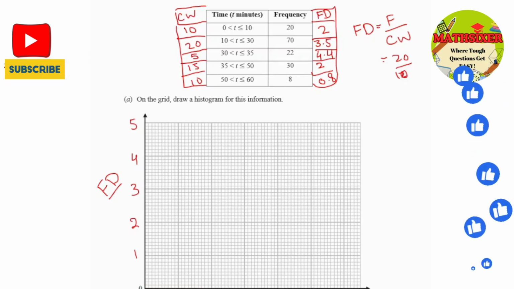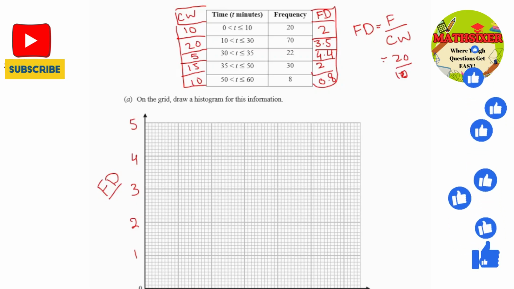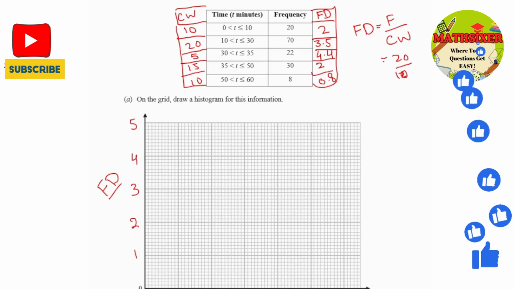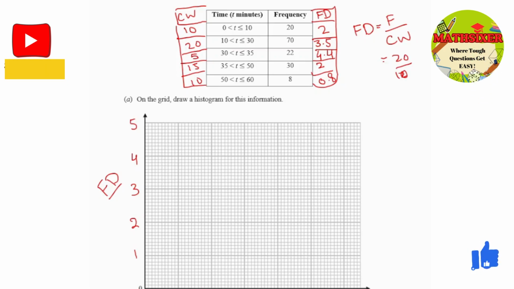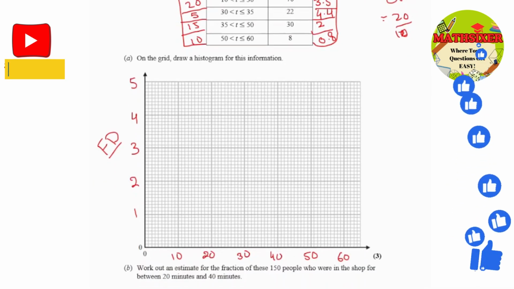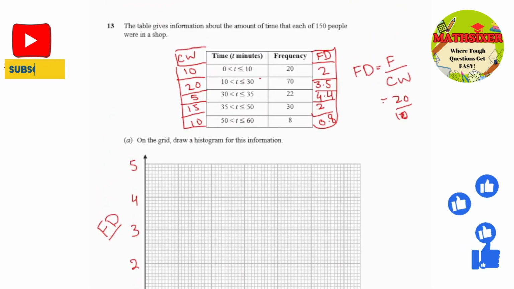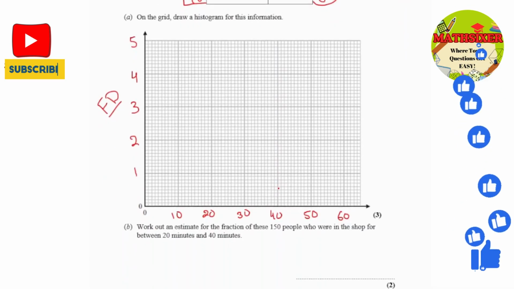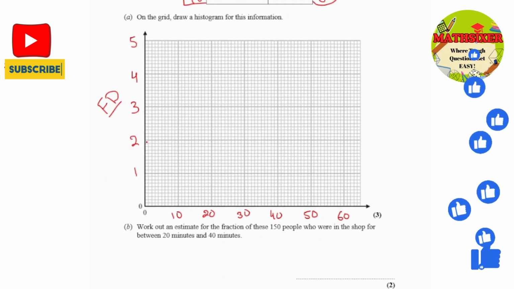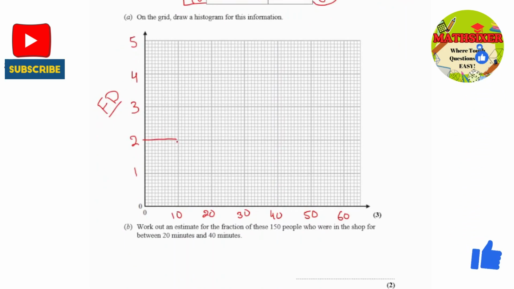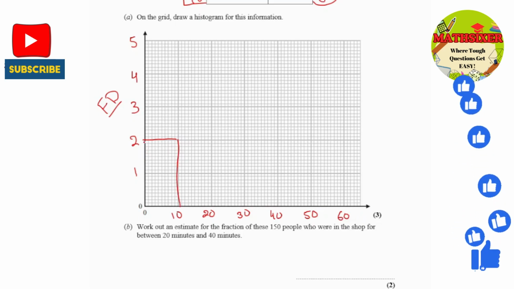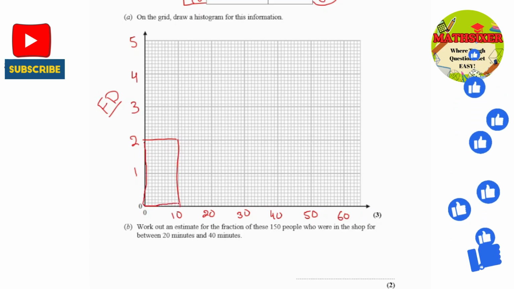Let's say this one is 10, 20, 30, 40, 50, and 60. So these are our values. So the first value is 0 to 10 and the frequency density is 2. So we're going to draw a histogram from here, 0 to 10, and the frequency density is 2.